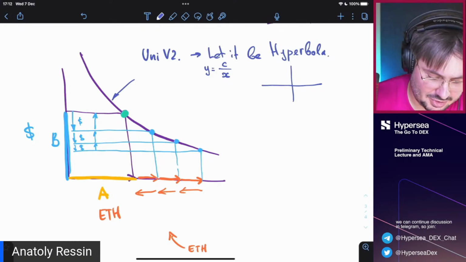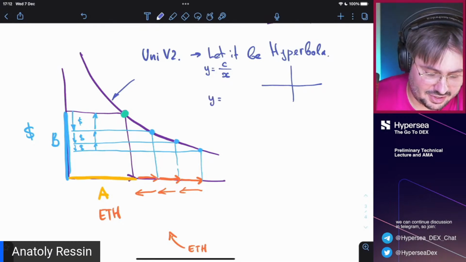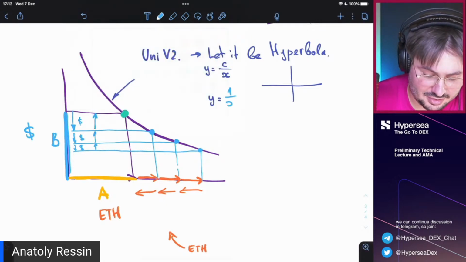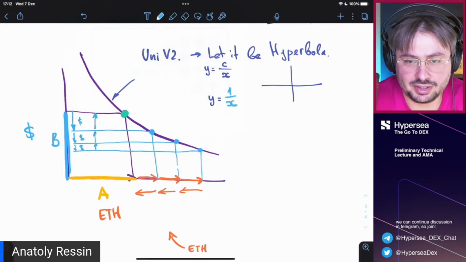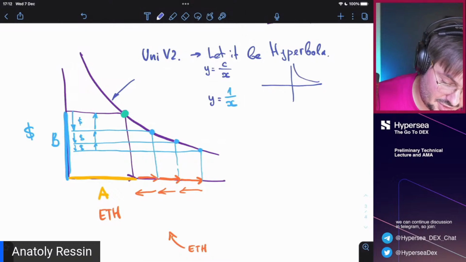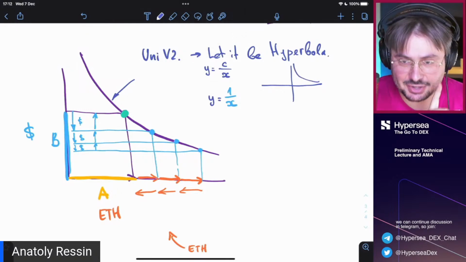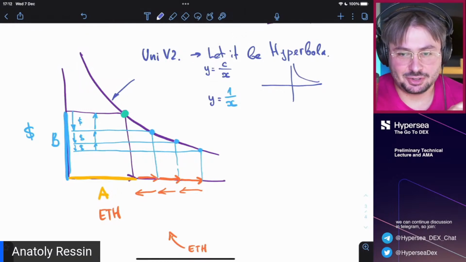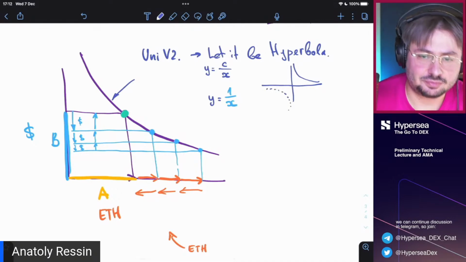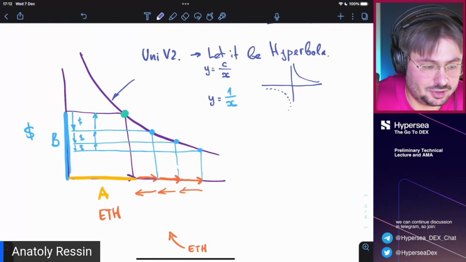For example, let's consider one particular case where c is equal to 1, that is y is equal to 1 divided by x, and it just means that it looks like this. Actually, it has a second part, but we will not describe it.